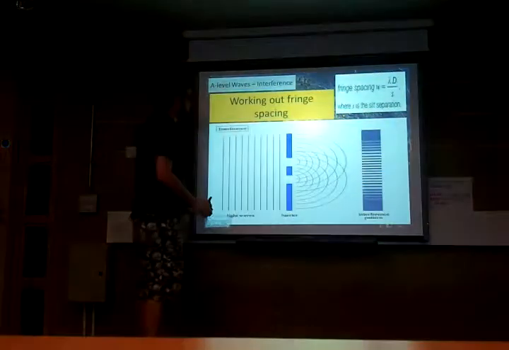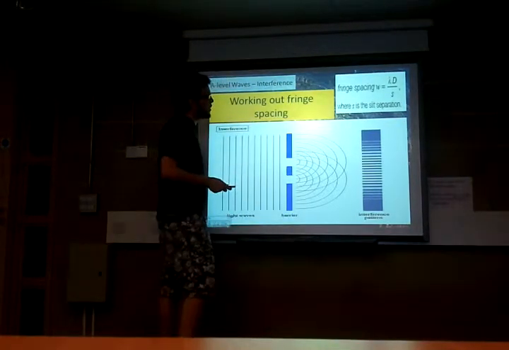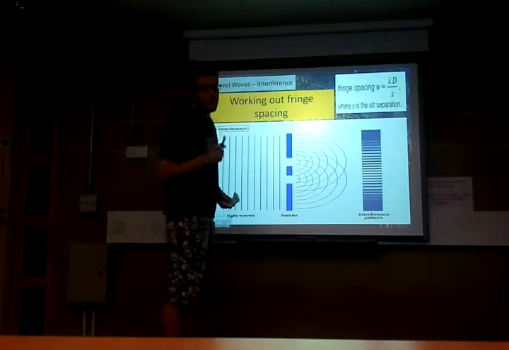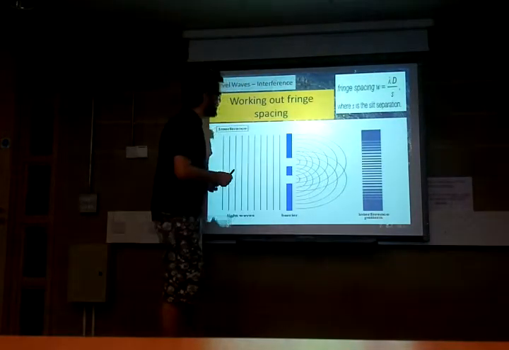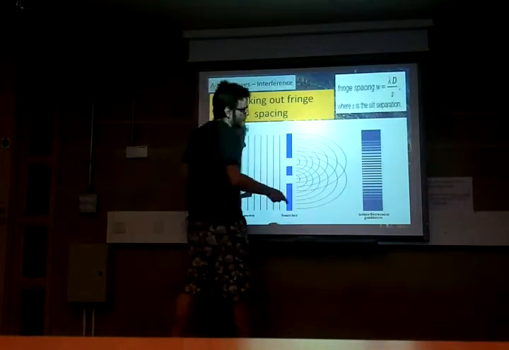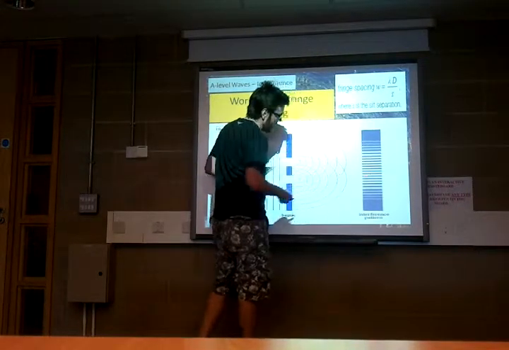Okay, so what we're going to do is work out what this fringe spacing is, how to work out fringe spacing. So the way we're going to do that is we're going to take an example, the example of my laser pen. The fringe spacing is the distance in between each set of lights or each dark space.